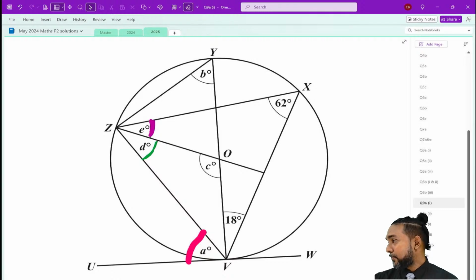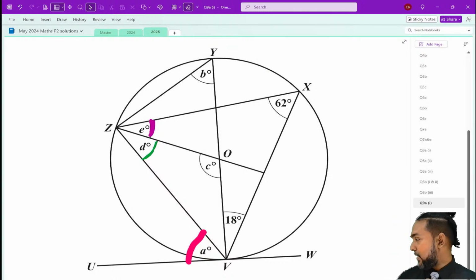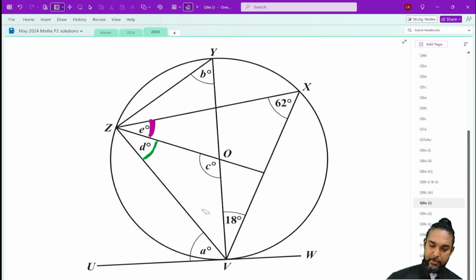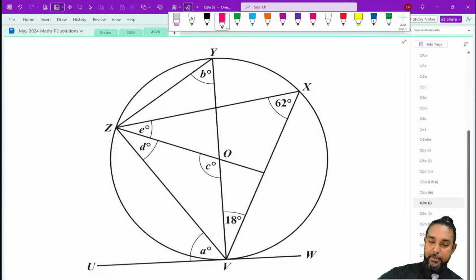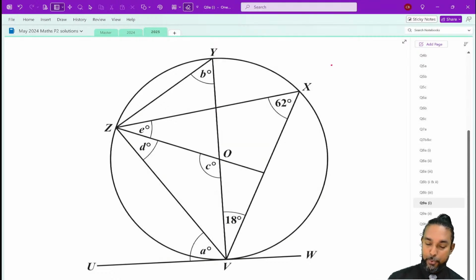Alright, okay, cool. Let me organize some stuff here, right? Okay. So A, D, and E. So we could go in order if you want. But let's put in the items that we previously worked out, so we're not working blind, right? So this angle here was 62 degrees.